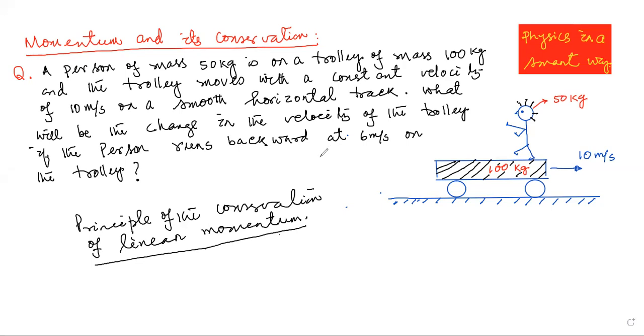But to comprehend it is very easy. It very simply says: if on a system no external force acts, or if some external forces act but their resultant is zero, that is, the sum of all external forces is zero, the momentum of the system remains constant.